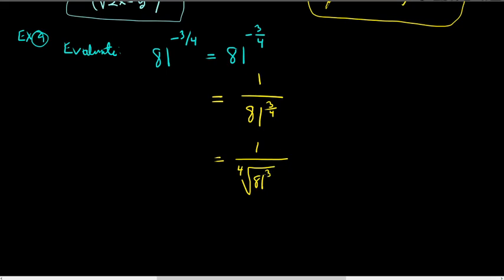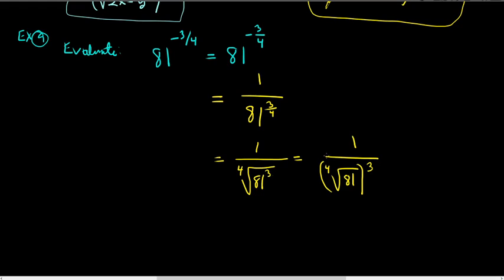Remember what I said earlier, that this 3 here can go on the outside? So I would prefer to write it this way. So we still have the 4th root of 81, but now all of that gets raised to the power 3, right? So effectively, these are the same things. It doesn't matter whether the 3 is on the outside or the inside.